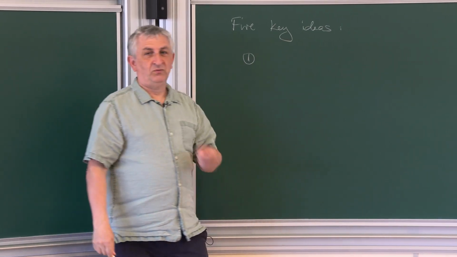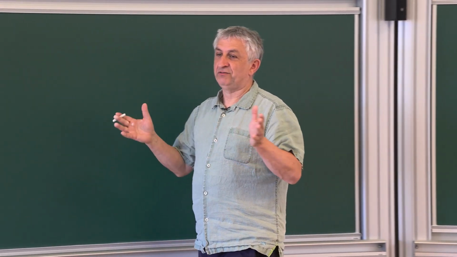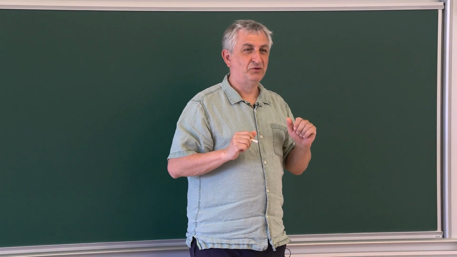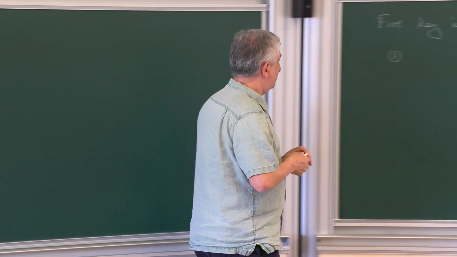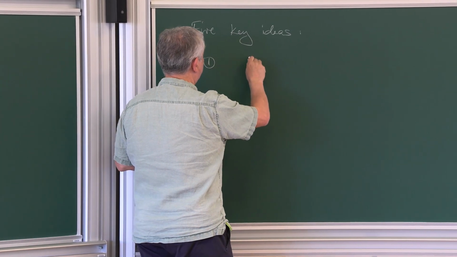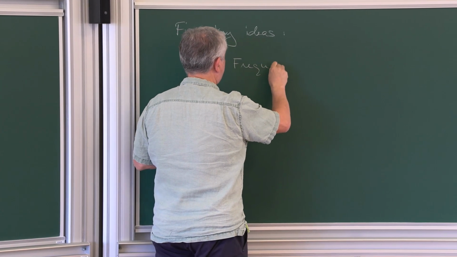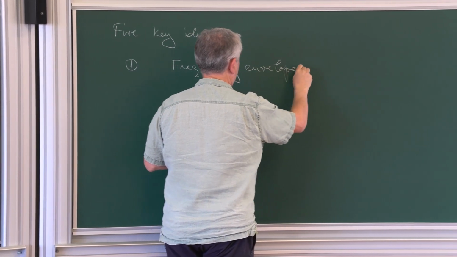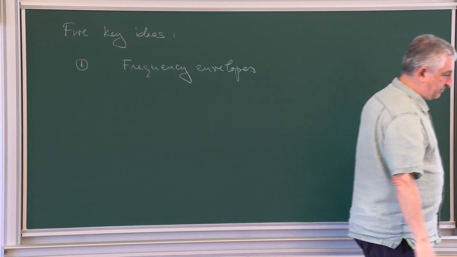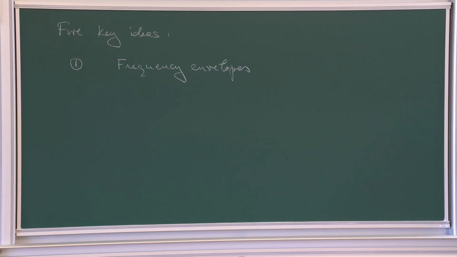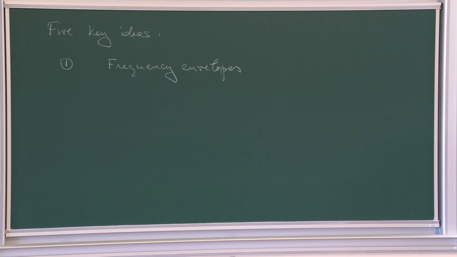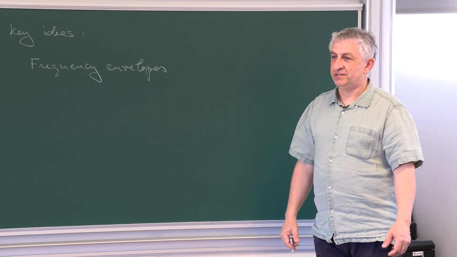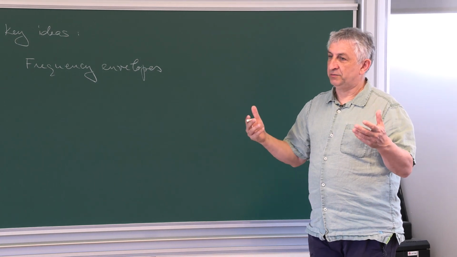So one idea here is you want to have good bookkeeping, right? Writing a paper, having good bookkeeping is absolutely essential. And the tool that we use for bookkeeping is frequency envelopes. And when you talk about frequency envelopes, you have to talk about this in the context of some Fourier decomposition. One classical way to do this is in the context of Littlewood-Paley decomposition.